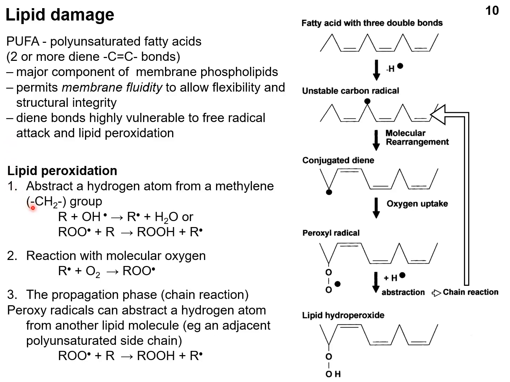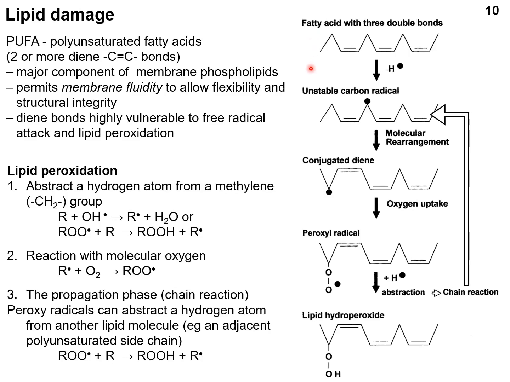Now, the way this works is that hydroxy radicals can abstract a hydrogen atom from the fatty acid. We can then have the formation of a peroxy radical, and that can then go on and cause the formation of further radicals. Now, this is shown on the right hand side here. So here's our fatty acid with multiple diene bonds.